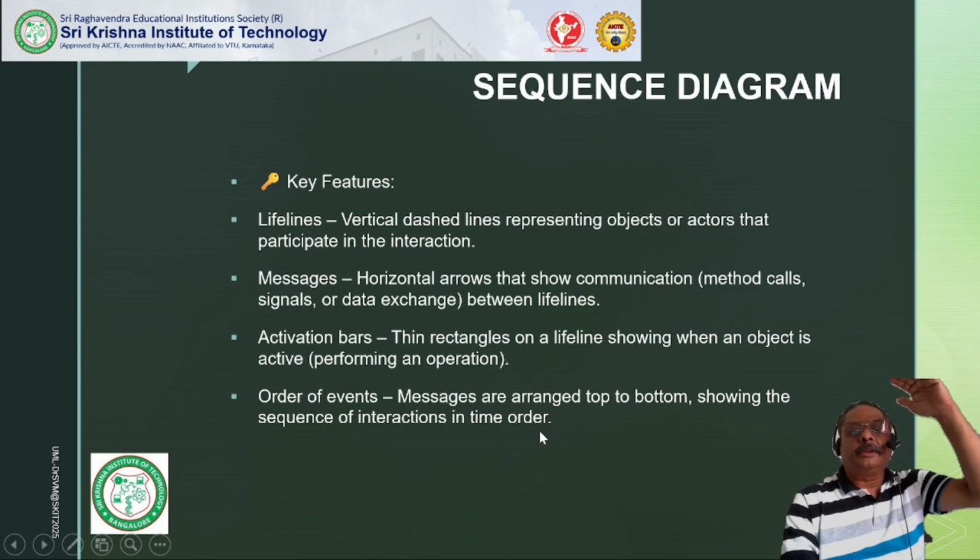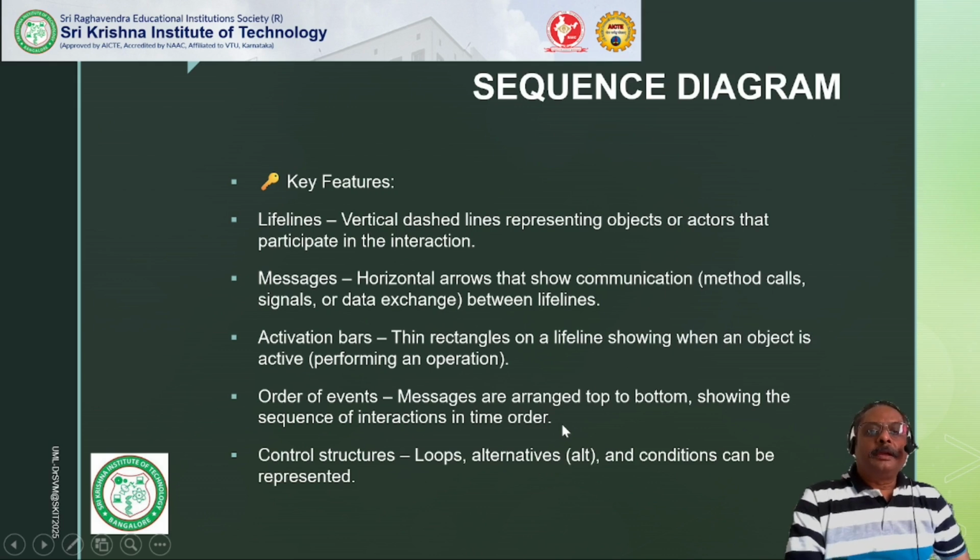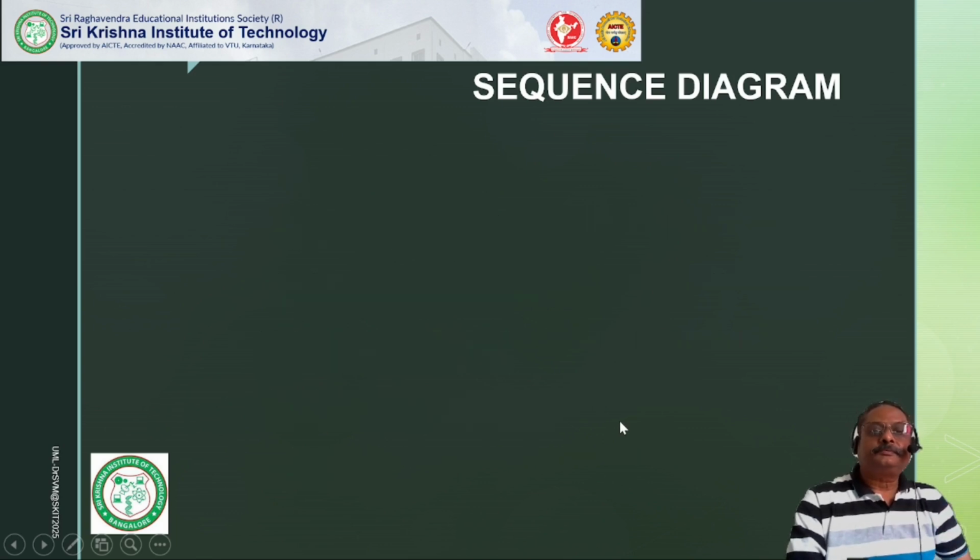So the one which occurs first is shown on the top, the one which occurs last is shown at the bottom. So this vertical axis from top to bottom is a timeline. And we have control structures like loops, alternatives, and conditions that can be represented here.